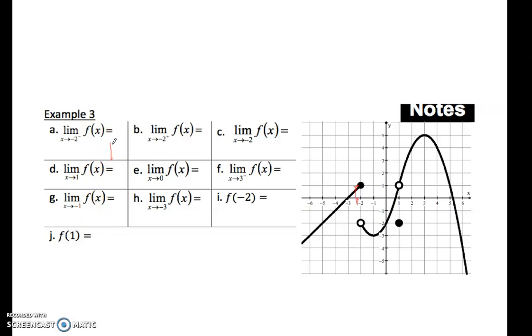So the good news is if you're able to read it right off the graph, and you have the concept of that limit being just a little bit to the left, you get the answer immediately, and then you can move on. Now let's go a little bit to the right of -2. Right about there, a little bit to the right, and we are at about -2 on the graph.